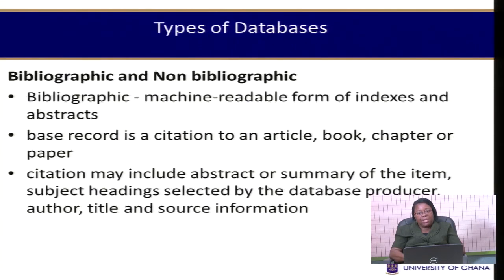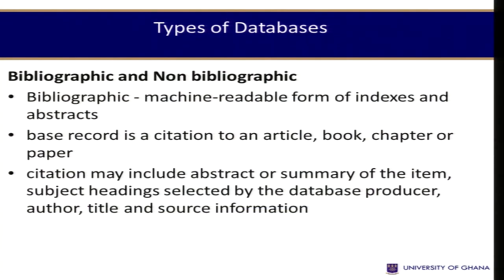There are two main types of databases. We have the bibliographic database and we have the non-bibliographic database. Now, the bibliographic databases are the machine-readable form of indexes, all the indexes and abstracts which do not contain detailed information. So the base record in a bibliographic database is the citation.